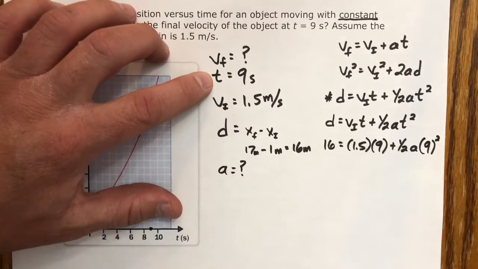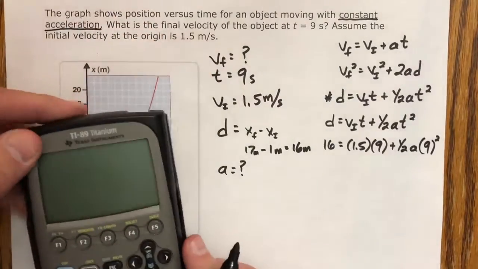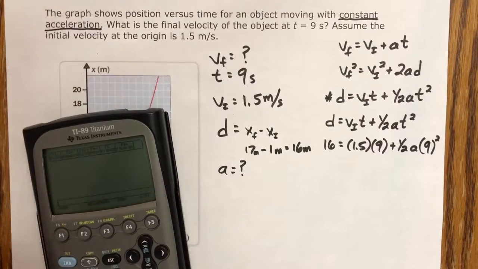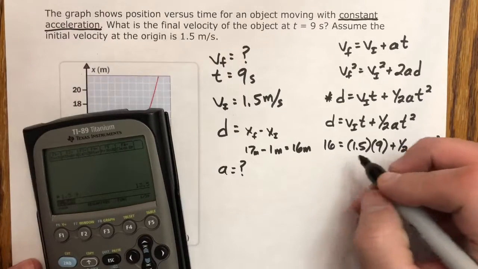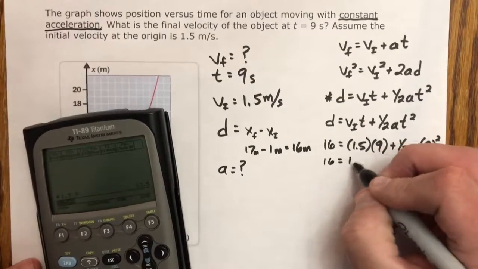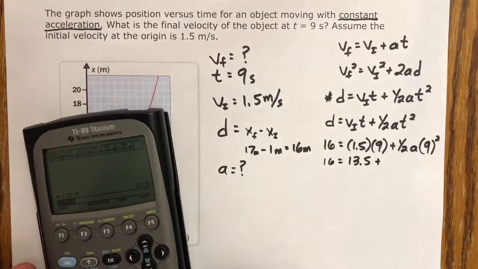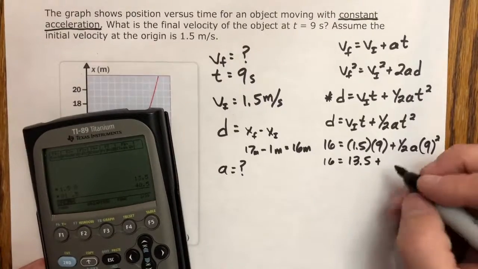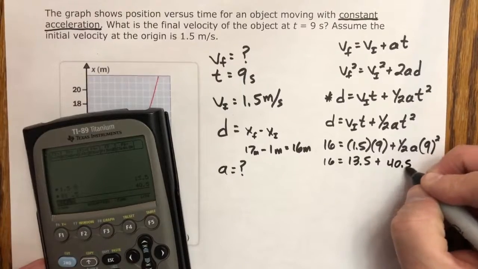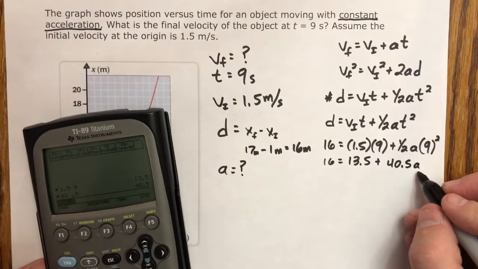So now we just get our calculator and we do some math. 1.5 times 9 is 13.5. So I have 16 equals 13.5 plus 9 squared is 81, and half of 81 is 40.5, times A. And I'm solving for A, remember?